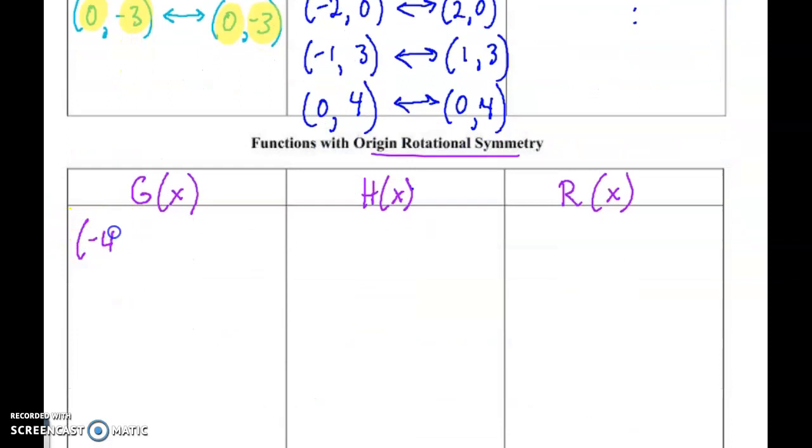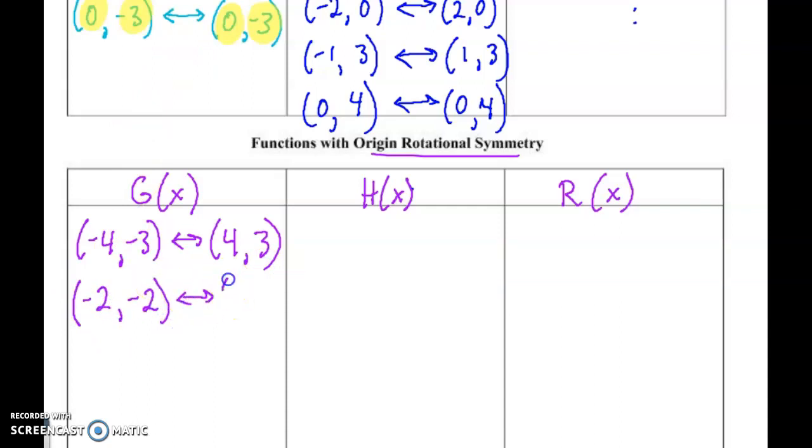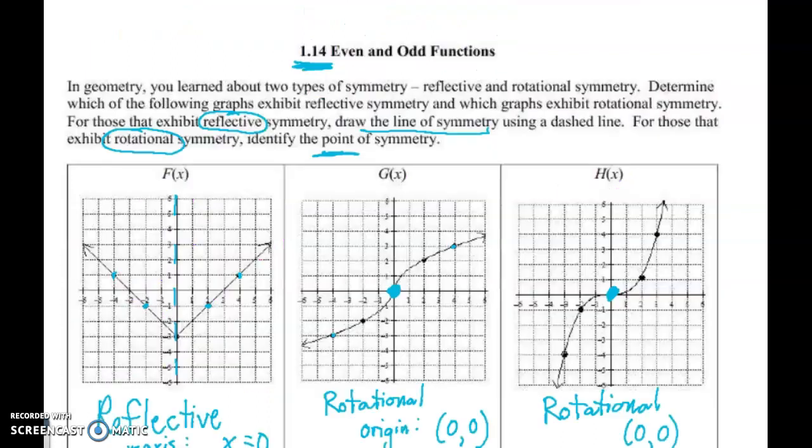So negative 4, negative 3 mapped onto positive 4, positive 3. And then I think the next one was negative 2, negative 2. Please double check. Mapped onto positive 2, positive 2. And then the last one, which was only there once, was 0, 0, which does technically get mapped to itself, 0, 0.